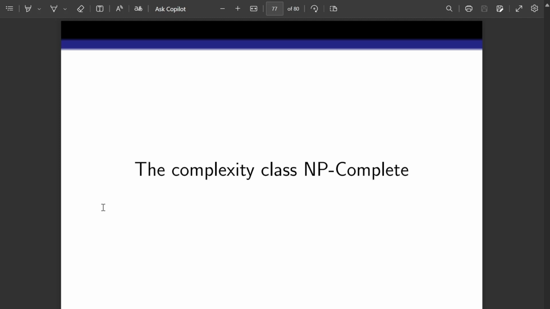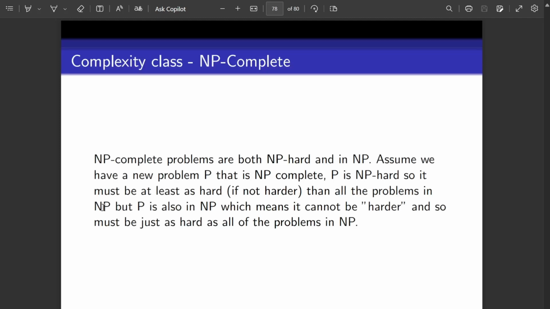Okay, so the NP complete class is a class of problems that are both NP hard and in NP. So assume we have a new problem P that is NP complete.